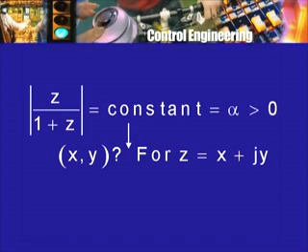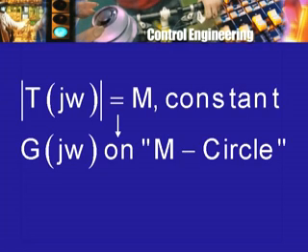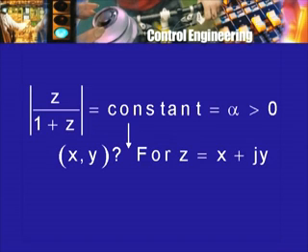So, for each constant value, that is for each value of the magnitude of the closed loop gain, you have a circle. One can find out the center of this circle and the radius of this circle. That will of course depend on this alpha, and so you get a family of circles. So, it somewhat corresponds to the contour map.